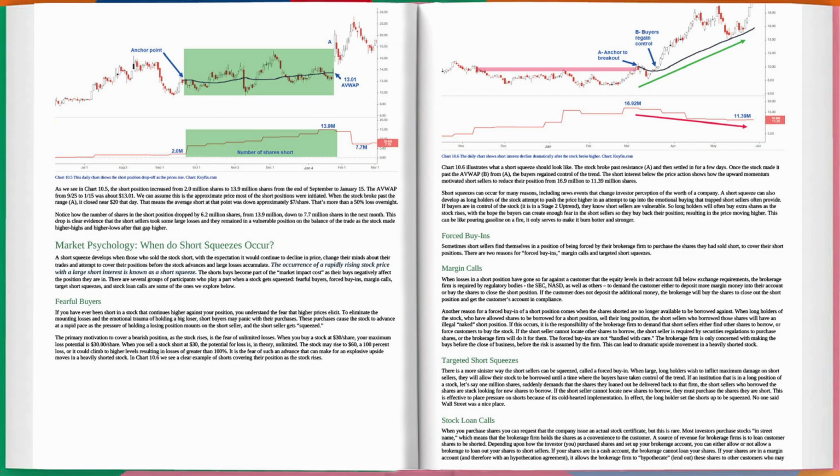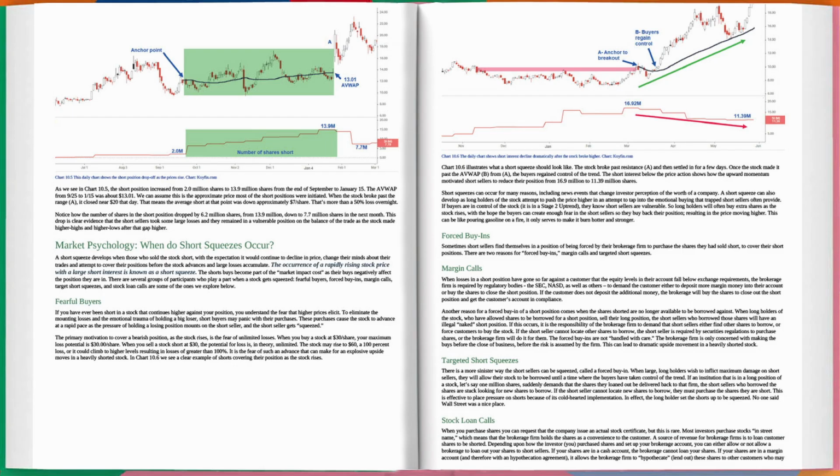When losses in a short position have gone so far against a customer that the equity levels in their account fall below exchange requirements, the brokerage firm is required by regulatory bodies, the SEC, NASD, as well as others, to demand the customer either deposit more margin money into their account or buy the shares to close the short position. If the customer does not deposit the additional money, the brokerage will buy the shares to close out the short position and get the customer's account in compliance.